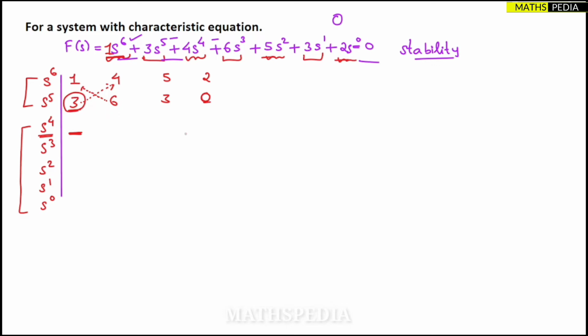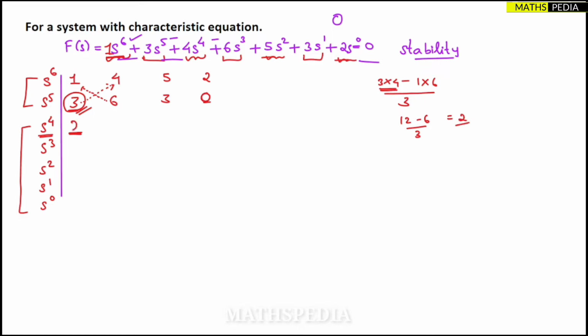So I'll do the calculation here: 3 into 4 minus 1 into 6. Always keep 3 into 4 first, divided by the element itself, that is 3. So it is 12 minus 6 by 3, which is 6 by 3, which is equal to 2.